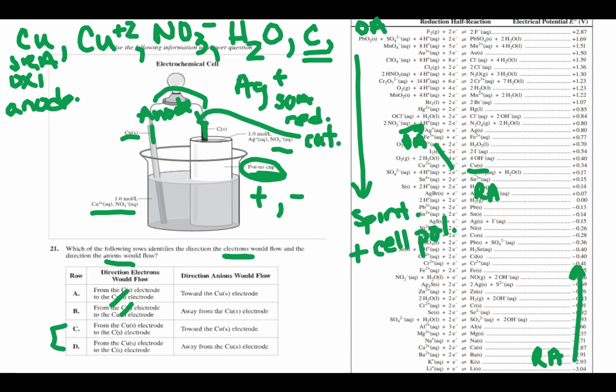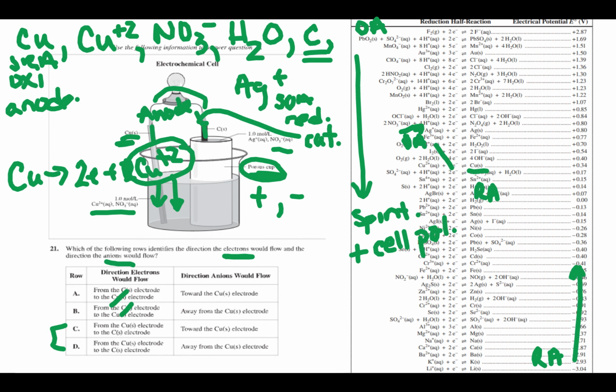Now with our anode, as your copper solid breaks apart, the copper solid would become 2 electrons plus the copper 2 positive ion. I don't know why I wrote 2 there. That's going to decrease in mass, and there's going to be a buildup of copper 2 positive because that's what's going to end up in solution.